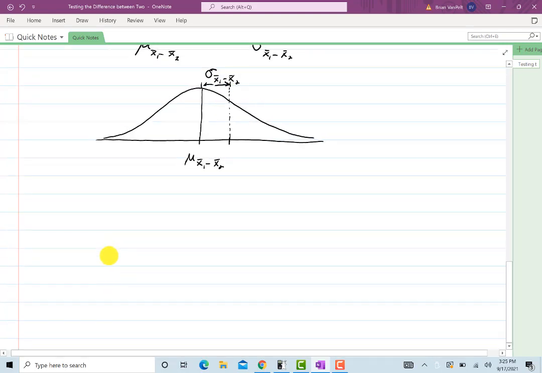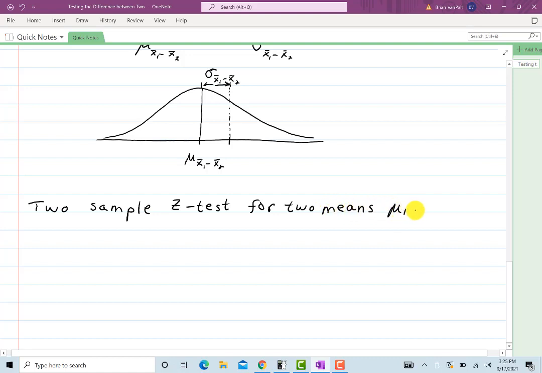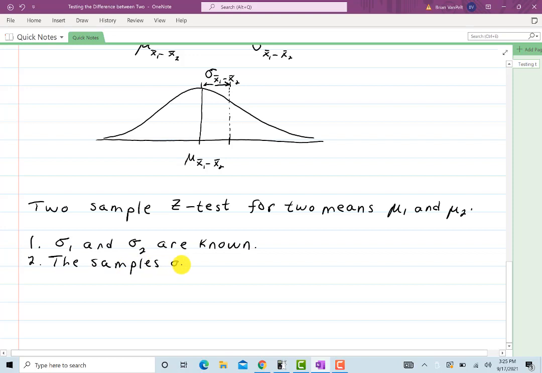This sets up a 2-sample z-test for two means. Let's call them mu1 and mu2. So what are we going to do here? Sigma 1 and sigma 2 are known. The samples are random.